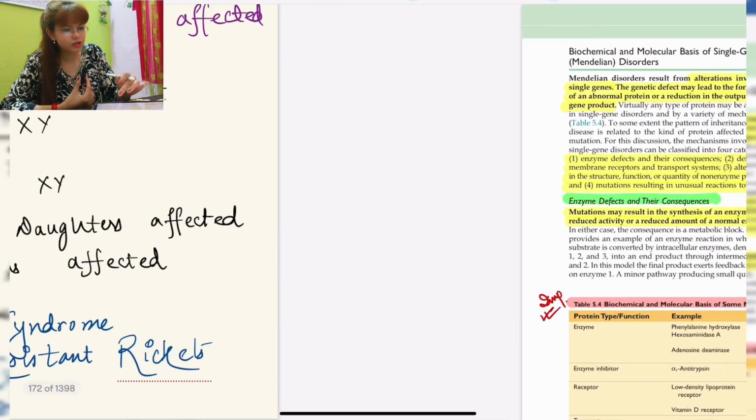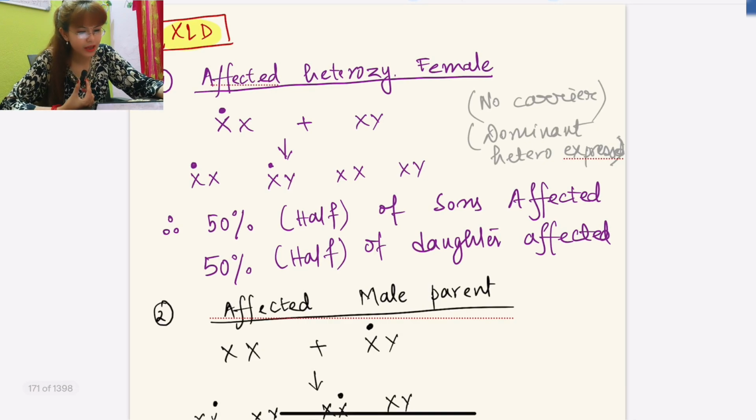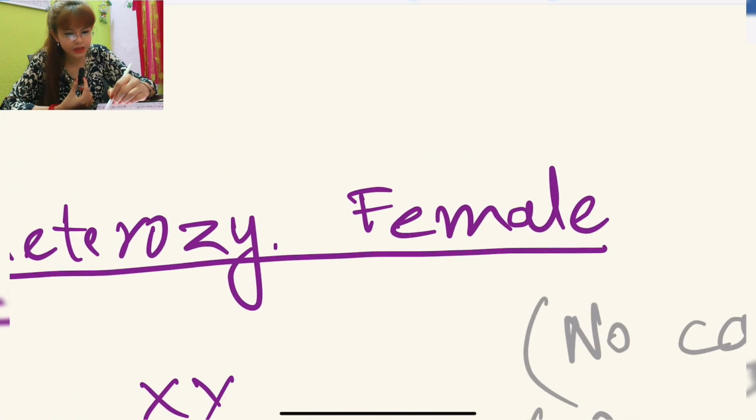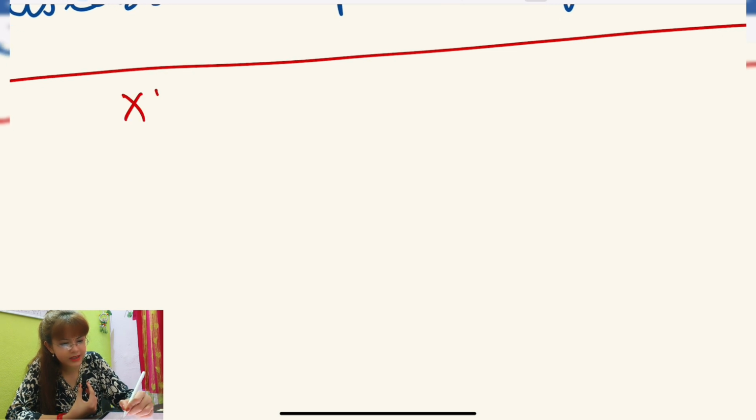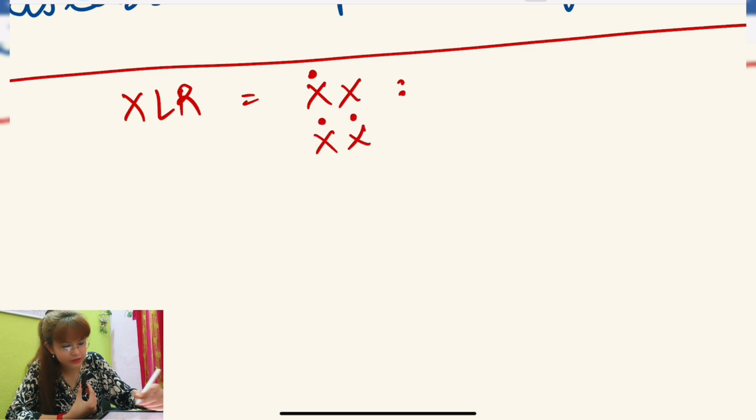I just wanted to make sure that you understand this very carefully. See, if you talk about X-linked recessive, then what is this? Tell me what is this, and tell me what is this in case of X-linked recessive. And in case of X-linked dominant, what is this?